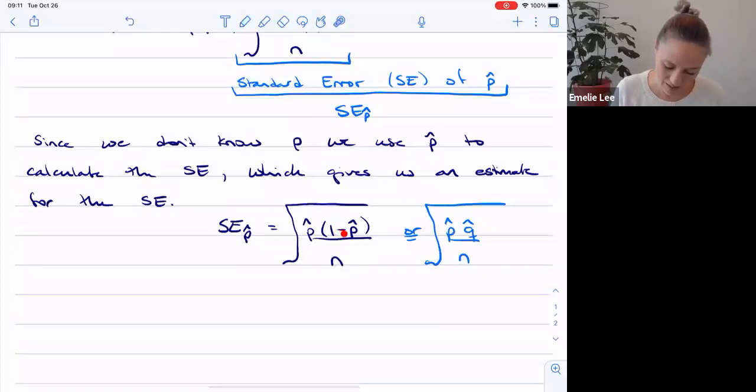Look at this, I cut down 4 characters, 2 brackets, and a 1 minus, and just wrote q hat.